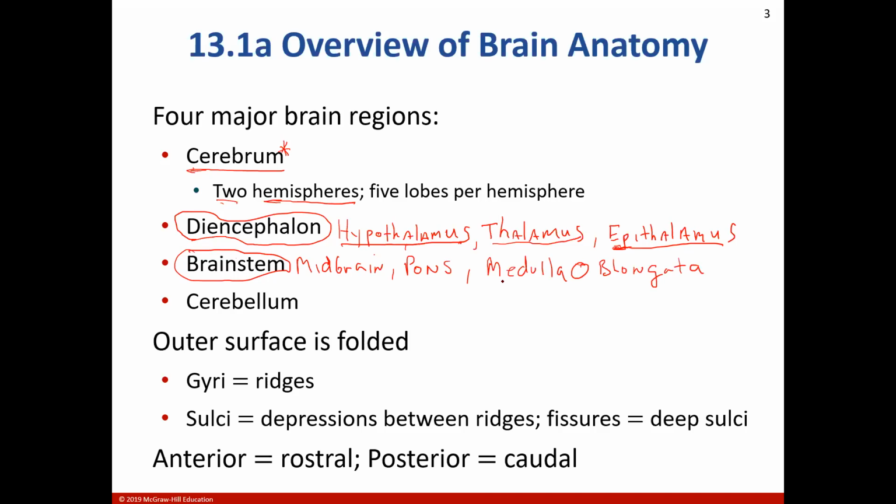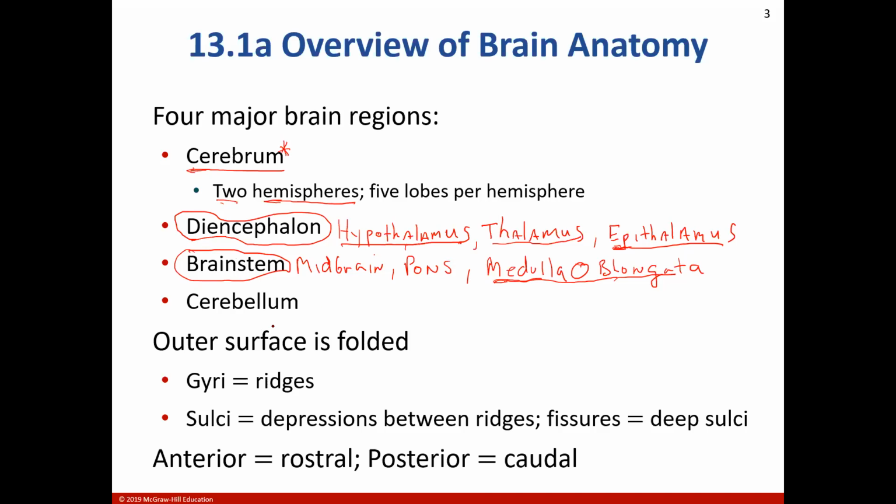We'll go through some of the functions of those parts of the brain. The medulla oblongata is probably the second most homeostatic part of your brain. Of course, the part that doesn't do the thinking, autonomic function.